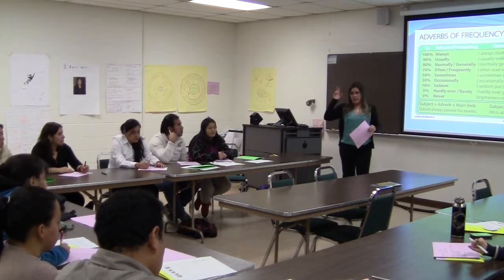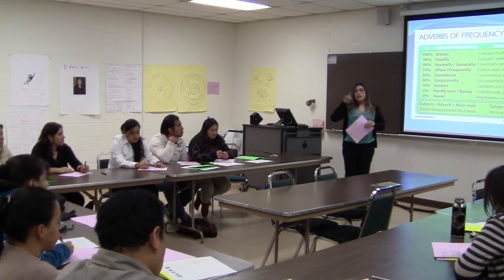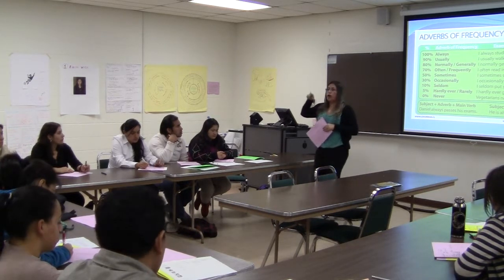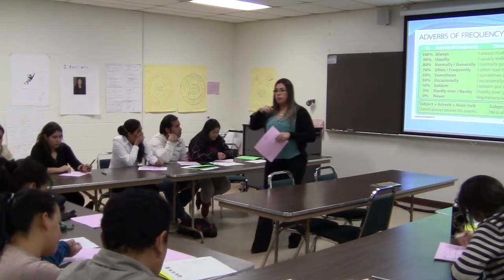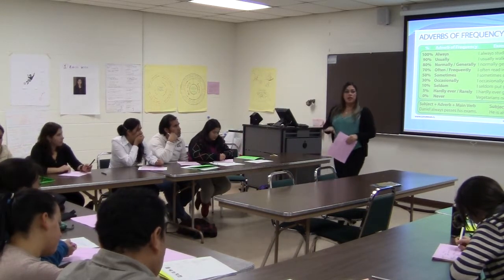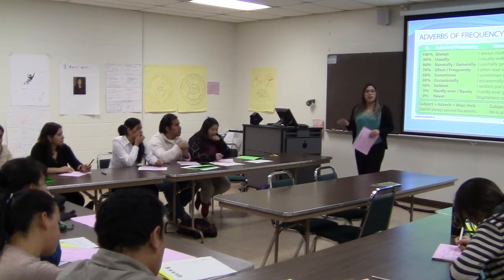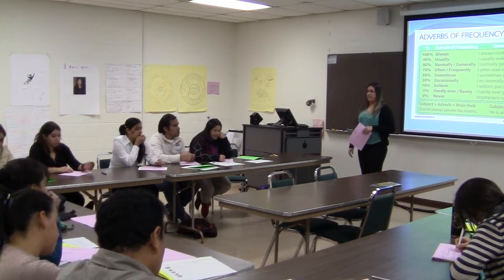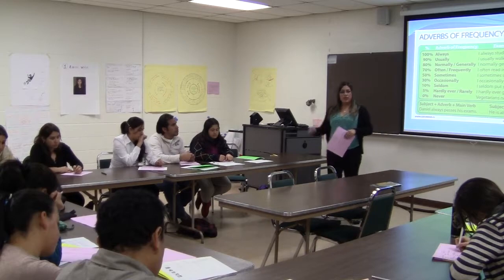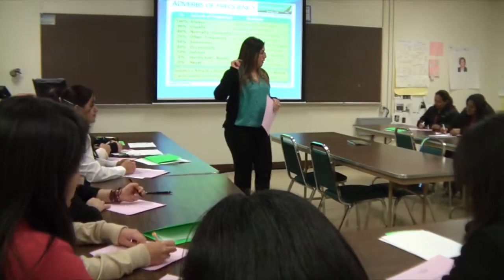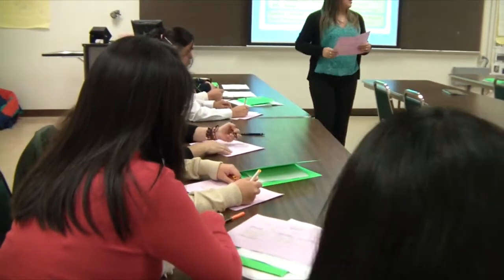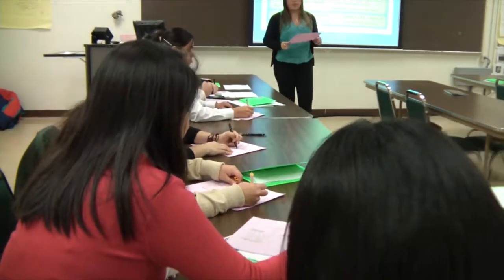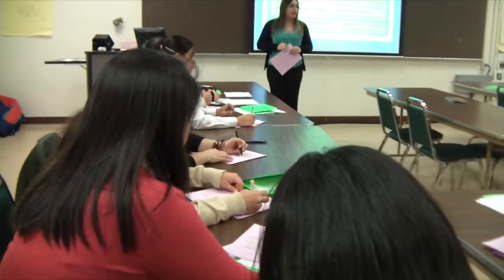Okay, now think, or choose one of them. Think of one daily routine, and how often you do that daily routine. For example, in my case, I always teach my students. Okay? Think about it.